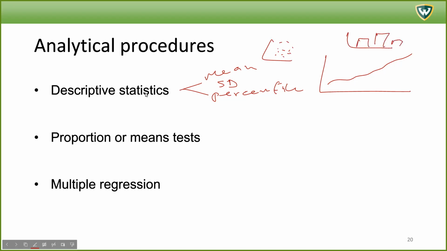These are all descriptive statistics, and we don't usually think of them as inferential. But it is a little bit inferential, but it's not a deeper inferential. So that's some of the analytical procedures. And usually in a study design, you want to identify ahead of time what kind of descriptive statistics you are going to need or want.